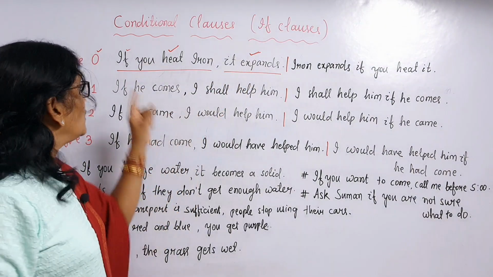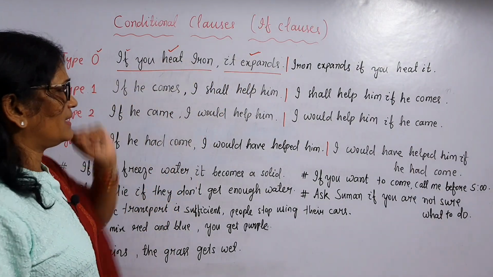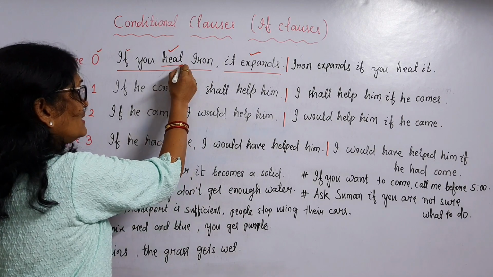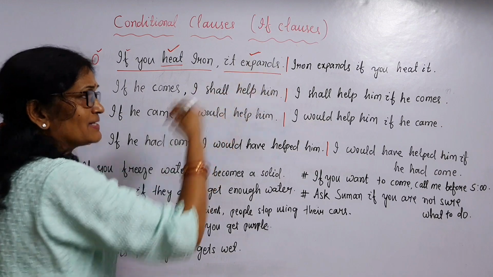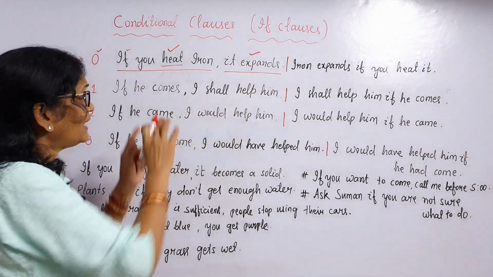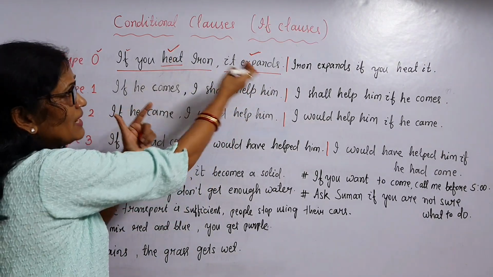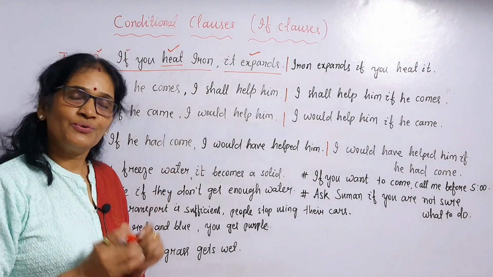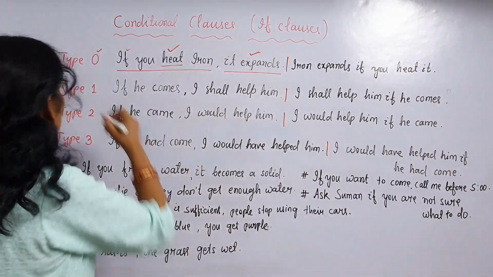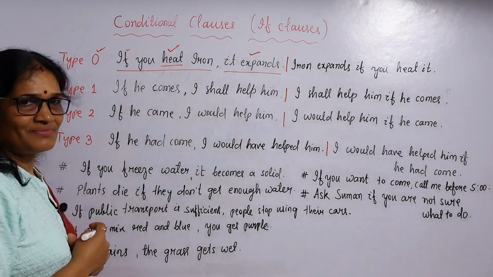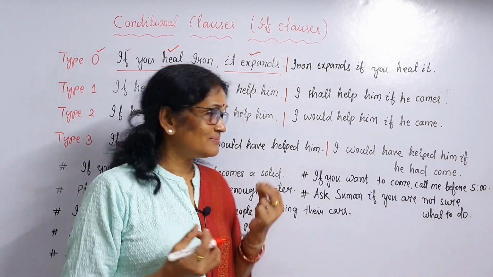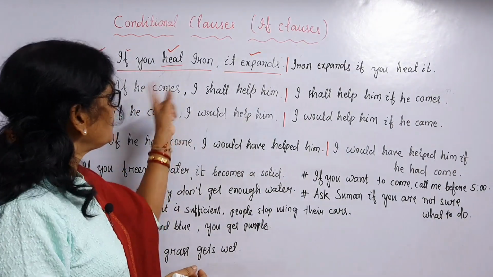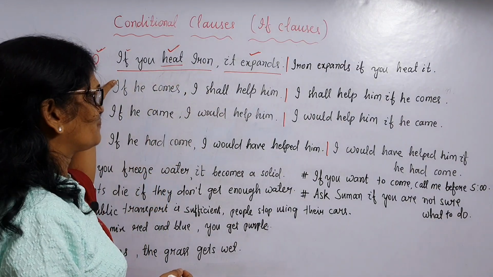If you heat iron, heat is the verb used in simple present, and the result, it expands, is also simple present. In both the if clause and the main clause, we use simple present. That is called type 0, which is a scientific fact, a general fact.